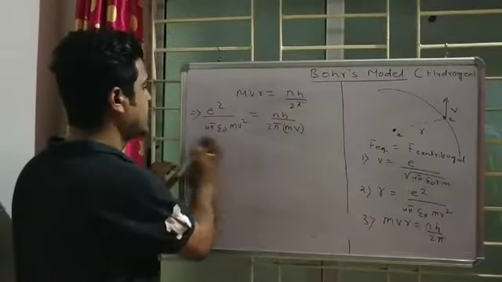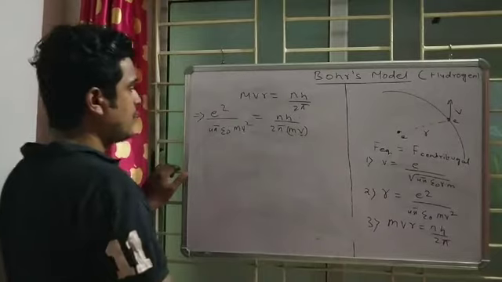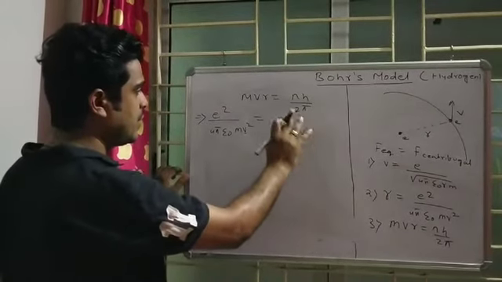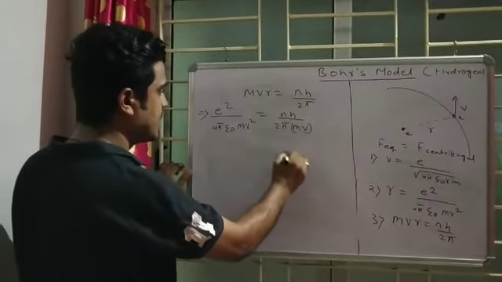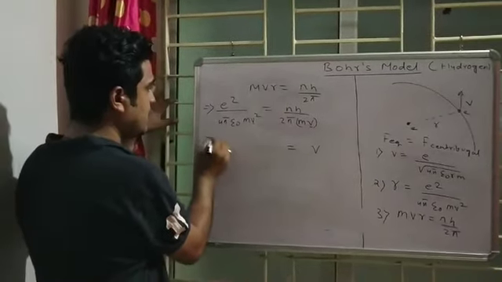So my concern is to calculate v, right? So this v square will go there. So v will get cancelled out, and in the RHS I will simply get v, and I will bring every term to this side.